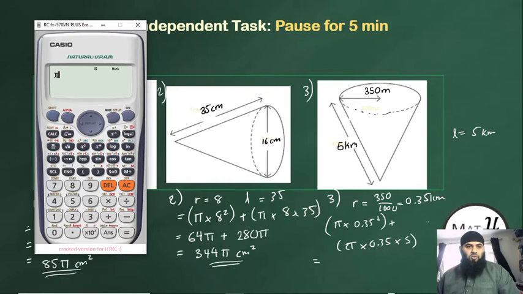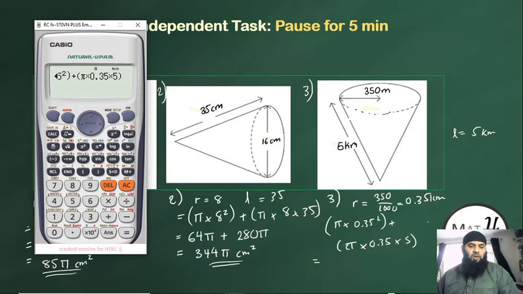I'll use 2 decimal places because I think the calculator is going to give me the answer in terms of pi. Always put brackets into your calculators because your calculator sometimes mistakes what to do first. So be very careful when it comes to these things, putting brackets in.